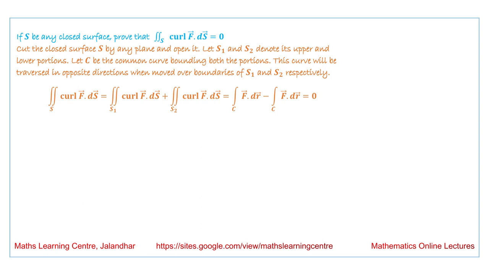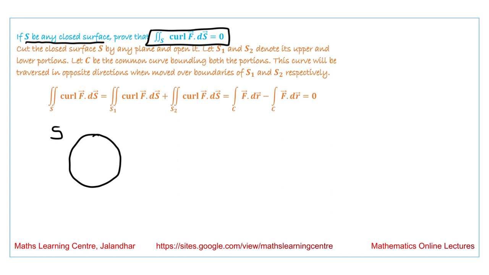Next we have, if S is any closed surface, we have to prove that the double integral over S of curl of f vector dot dS vector is equal to 0. So suppose we have some closed surface S, and we cut this closed surface by a plane, and we have now two parts, this upper part and this lower part.